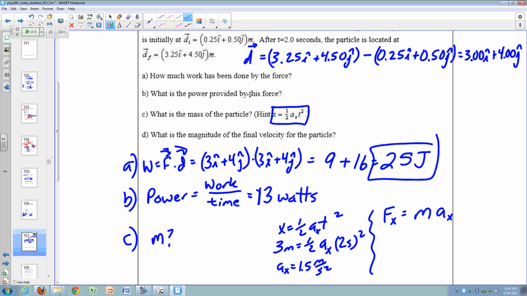Do you have the mass? Not yet. What do you have? 20? Close. No. He's got it. Scott, you got it?